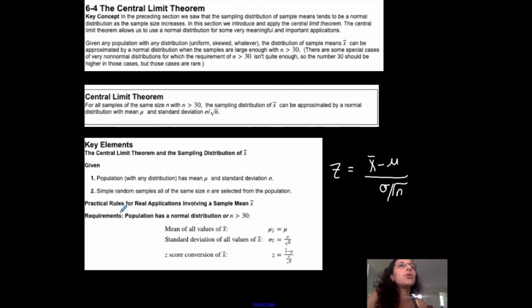But you're only going to do that if these conditions are met. So requirements: the population has a normal distribution, or the sample size that you're selecting is greater than 30. If either one of those conditions is met, then you can use your methods. If not, then you can't do this. It doesn't mean anything for your situation.